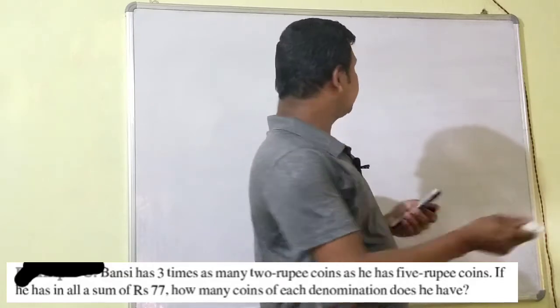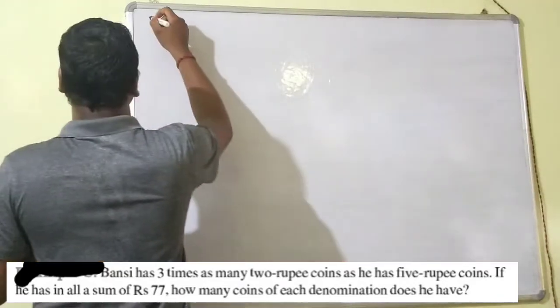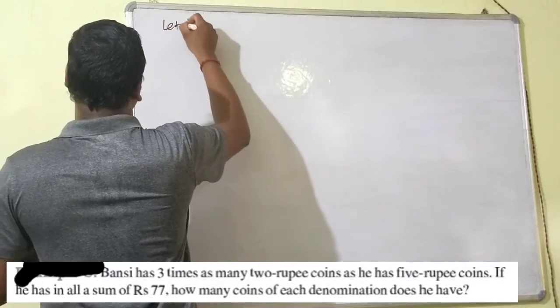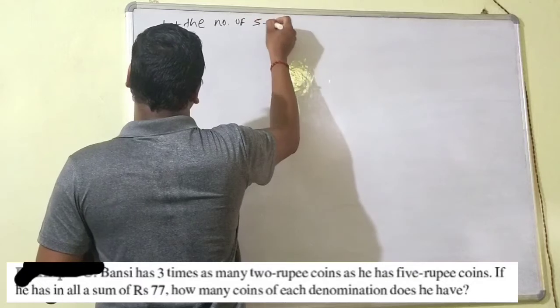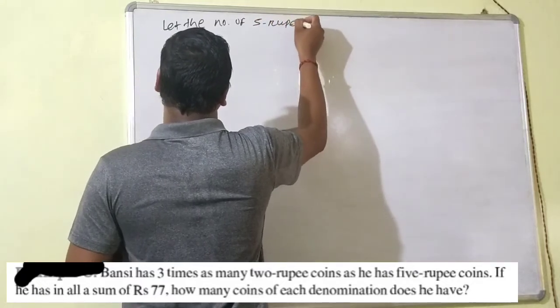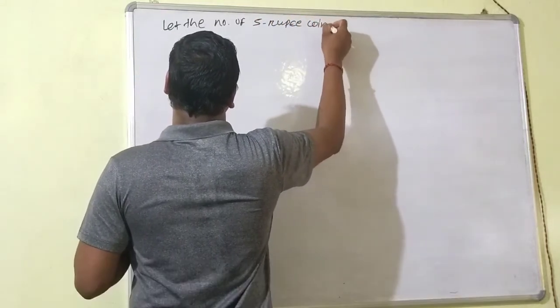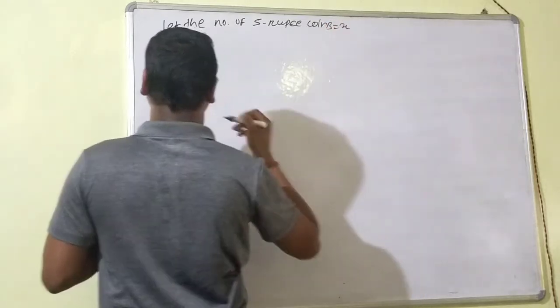So we'll write here, let the number of 5 rupee coins equal to x.